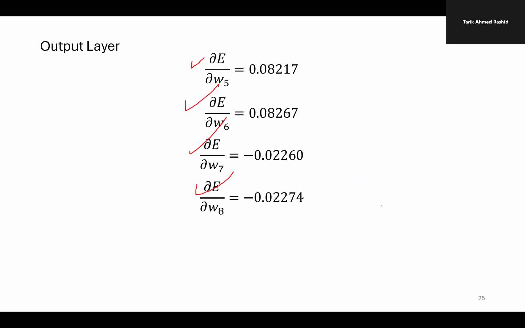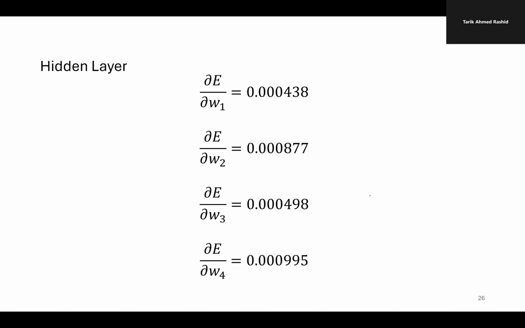That's the results for the first layer, second layer, output layer, the hidden to output weight connection, the change of error in relation to the weights. And here for the input to hidden layer, we have 4 weights, and that's their change: the change of W1, W2, W3, W4.